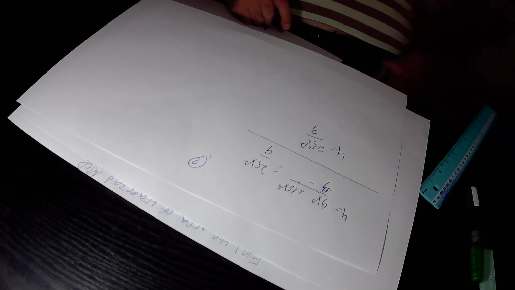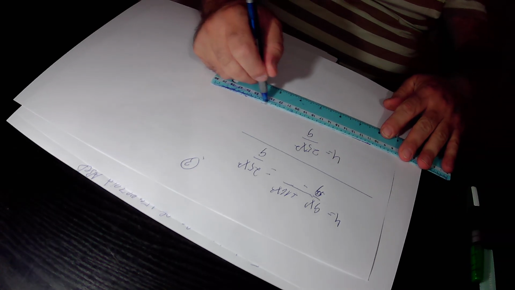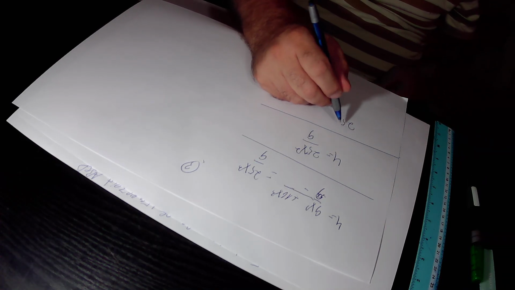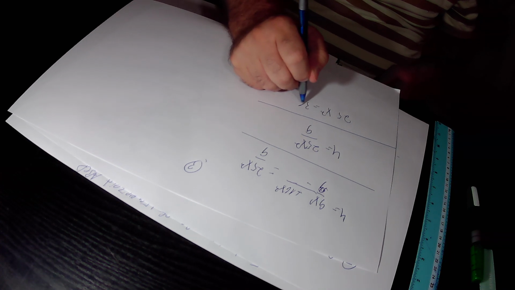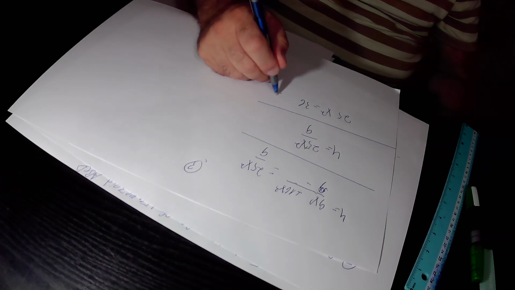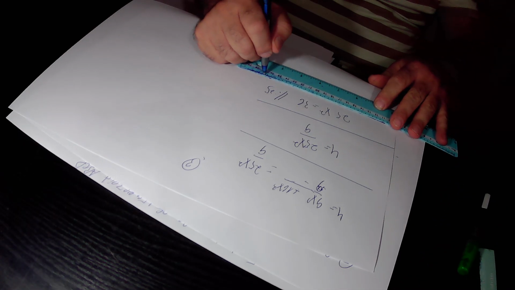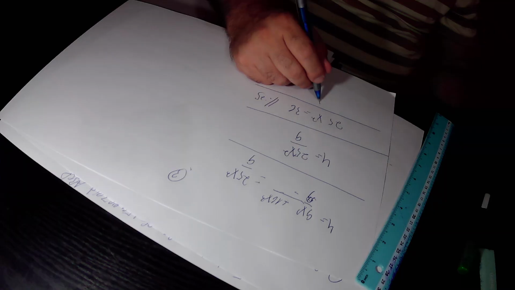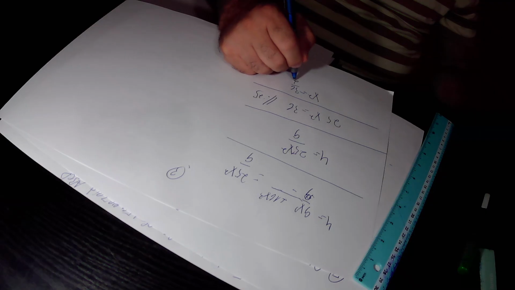Here we multiply this equation by 9, so we get that 25x squared equals 4 times 9, which is 36. Here we divide this equation by 25 and get x squared equals 36 over 25.